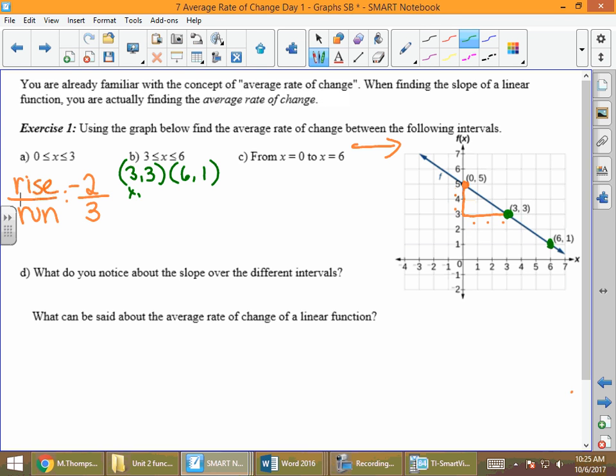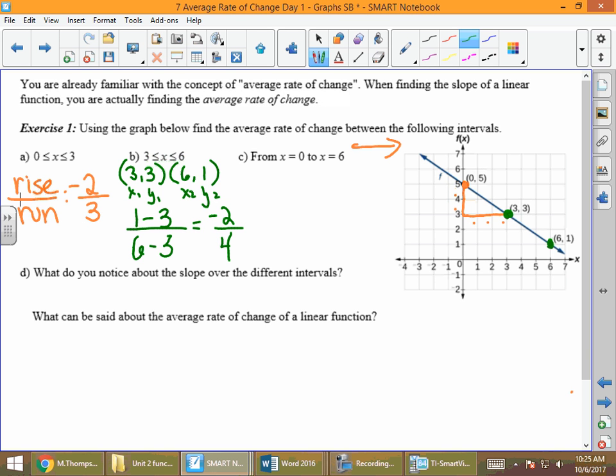Remember, here's x1 and there's y1. Here's x2 and y2. And we fill in the slope formula that's at the top of your paper, which says 1 minus 3 over 6 minus 3. And 1 minus 3 is negative 2, and 6 minus 3 is 4.